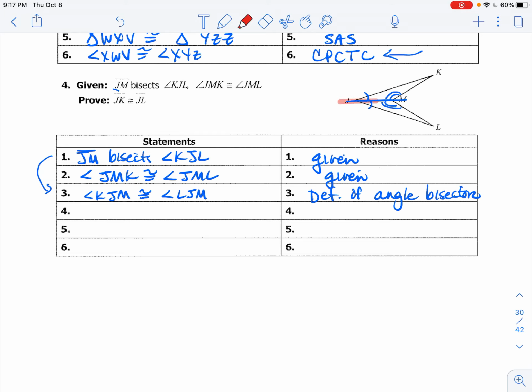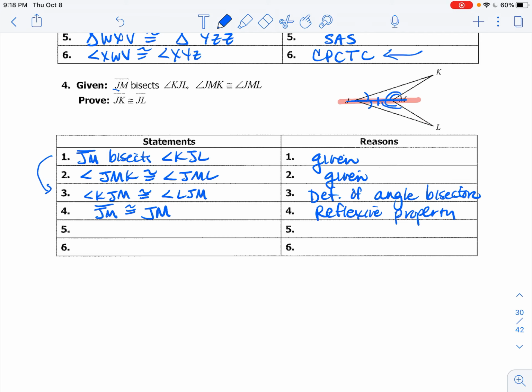All right, we have a shared side, so we can say that JM is congruent to JM by the reflexive property. Let me make a mark on that. And so what we've got is an angle, a side, and an angle of this top triangle congruent to an angle, side, and an angle of this bottom triangle.